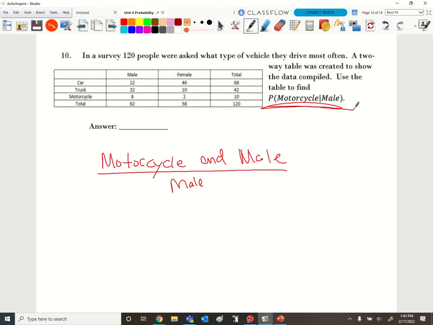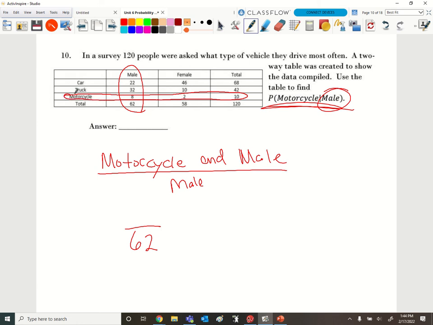And when we were doing the notes on this, I said the first thing you need to do is start with the bottom of your fraction. So what's the total male? 62. So 62 goes on the bottom. And now 'and' is an intersection. So I have the intersection of male and motorcycle.